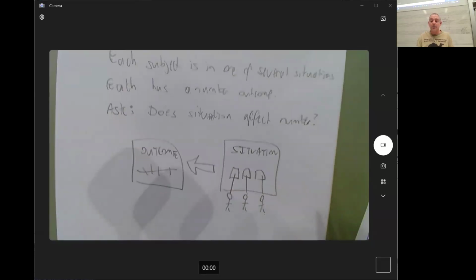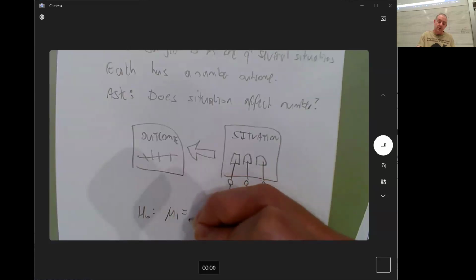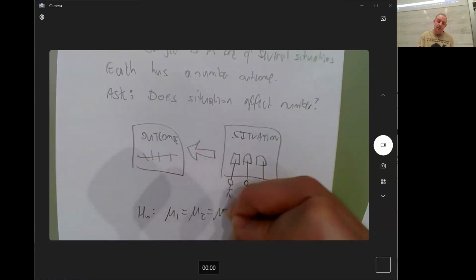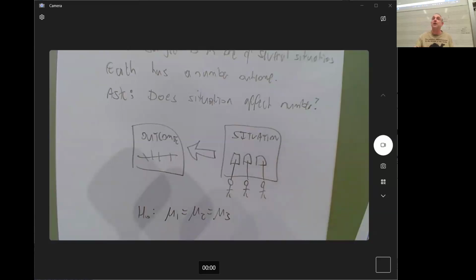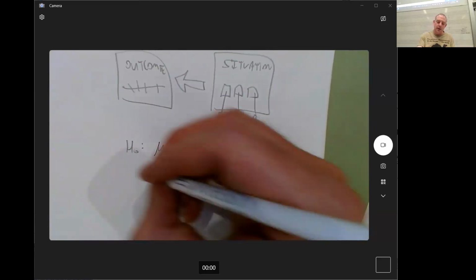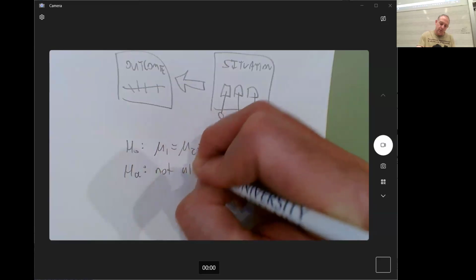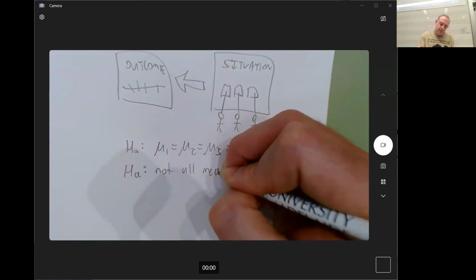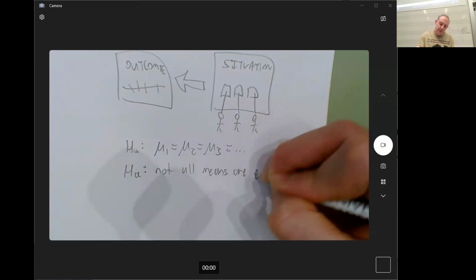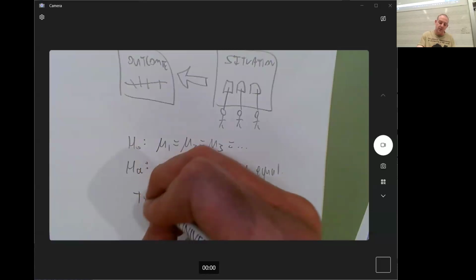And the null hypothesis is usually something like mu1 is equal to mu2 is equal to mu3 is equal to however many means there are, however many groups there are. And HA is not all means are equal.